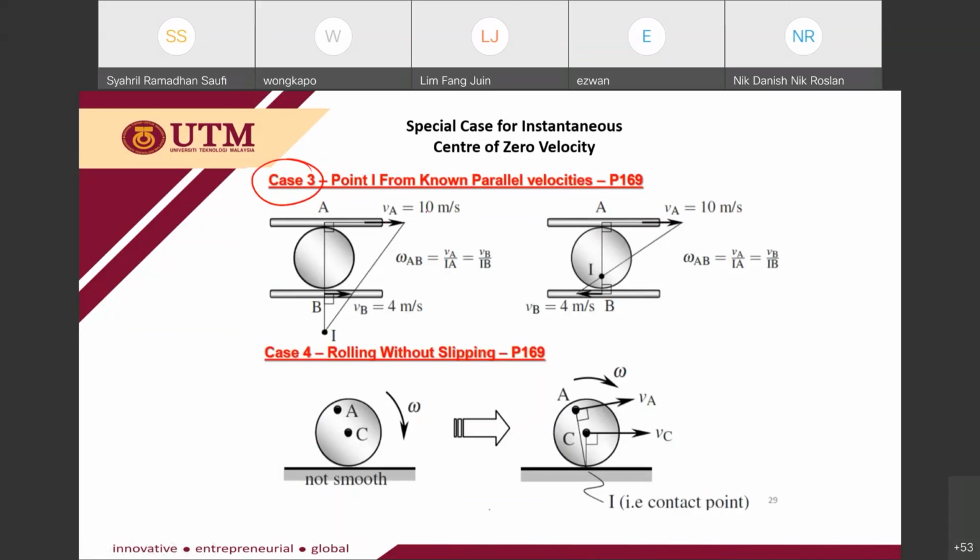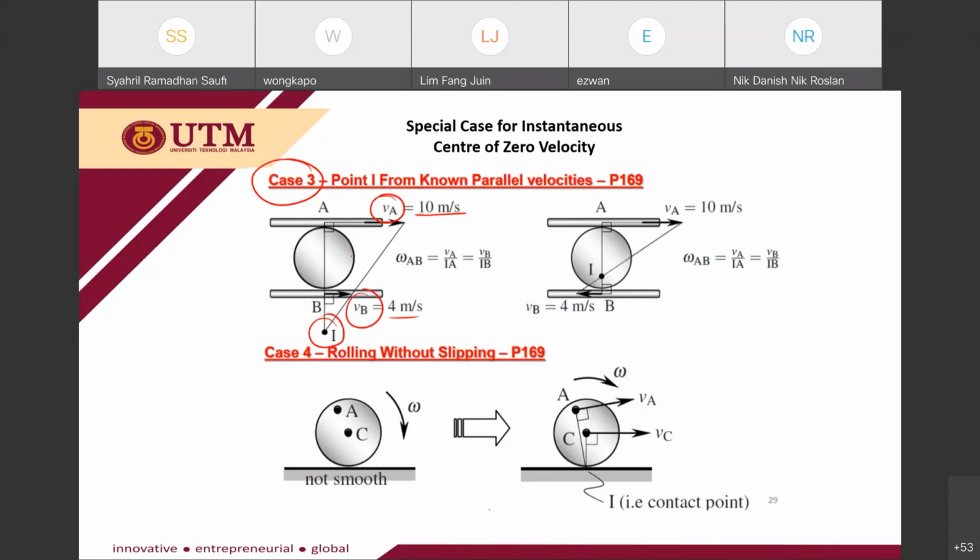You have the same direction of V, but different magnitudes, VA and VB. For this case, the same direction, different magnitude, basically you can determine the instantaneous center of zero velocity.